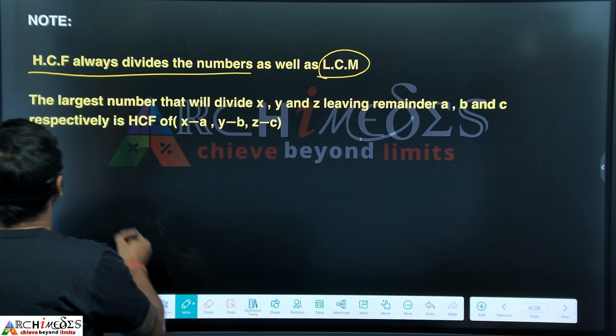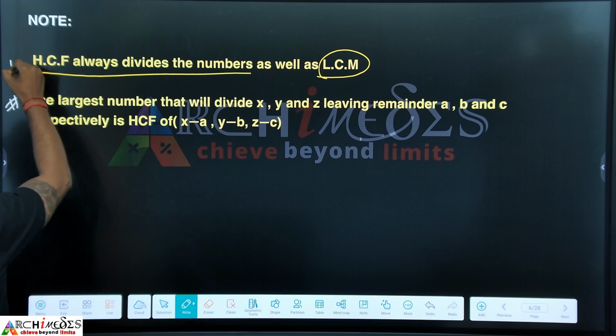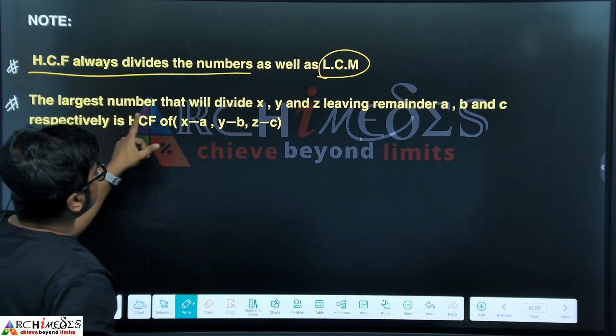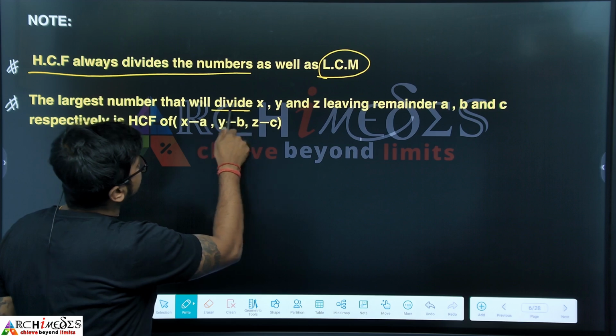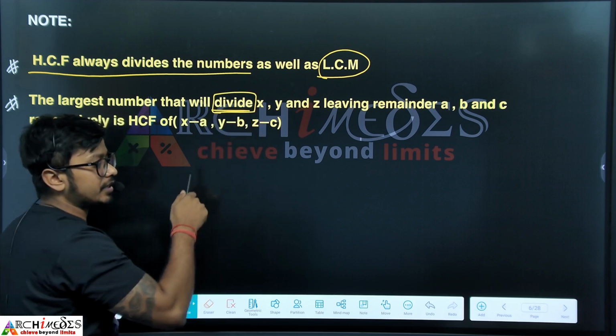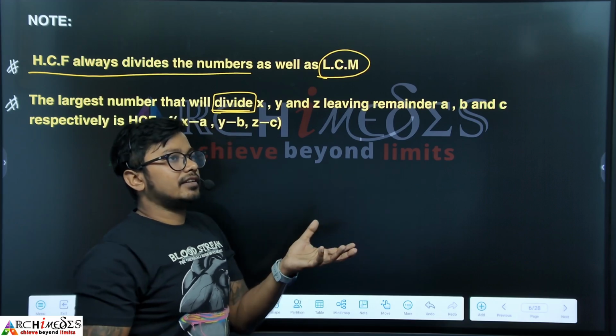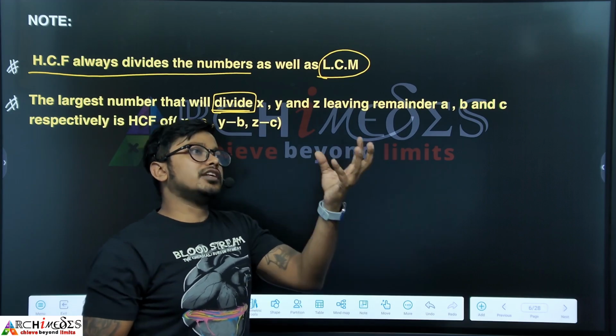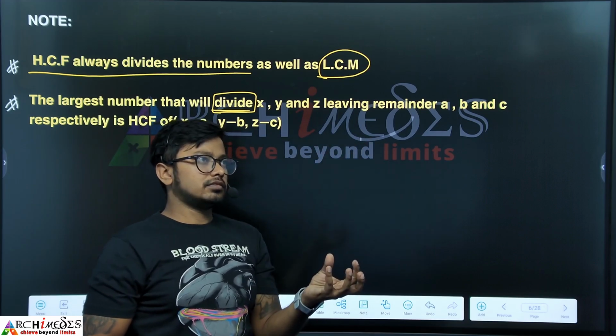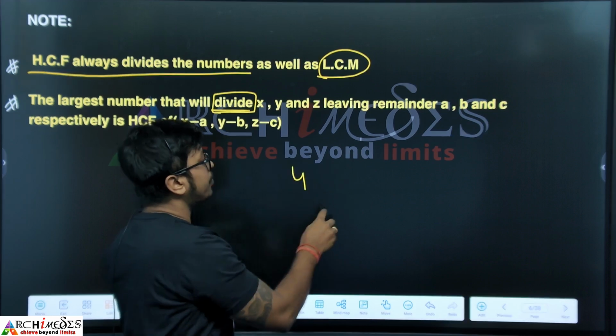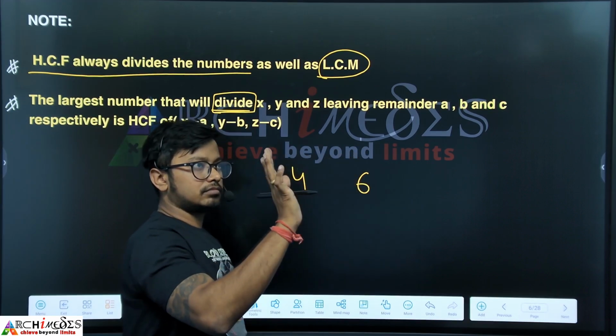Now one more note for questions. Look over. The largest number that will divide. The main part is here: that will divide. Just tell me which number can divide. A number can divide when the number is smaller. You cannot divide a 4 by 6. Clear?